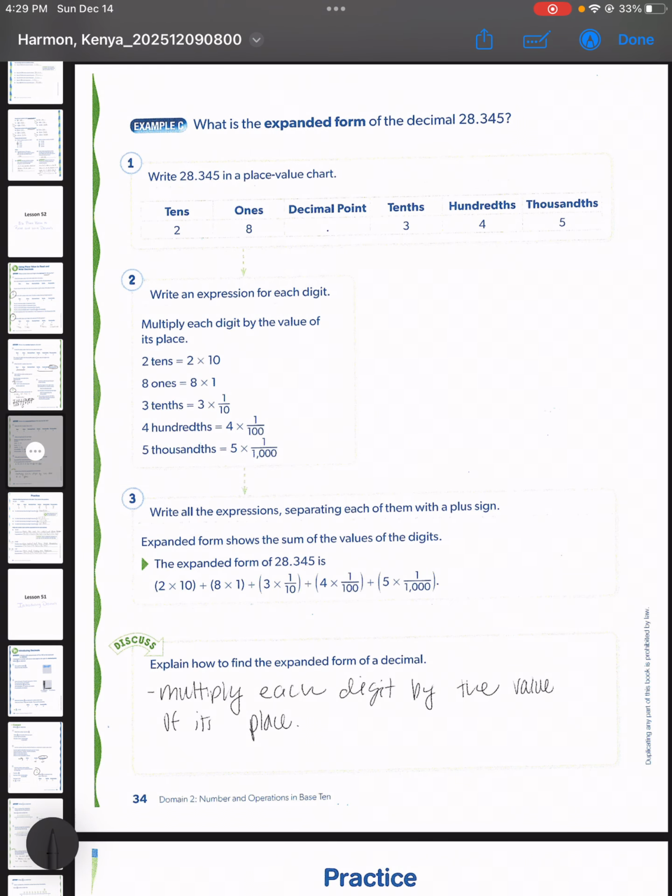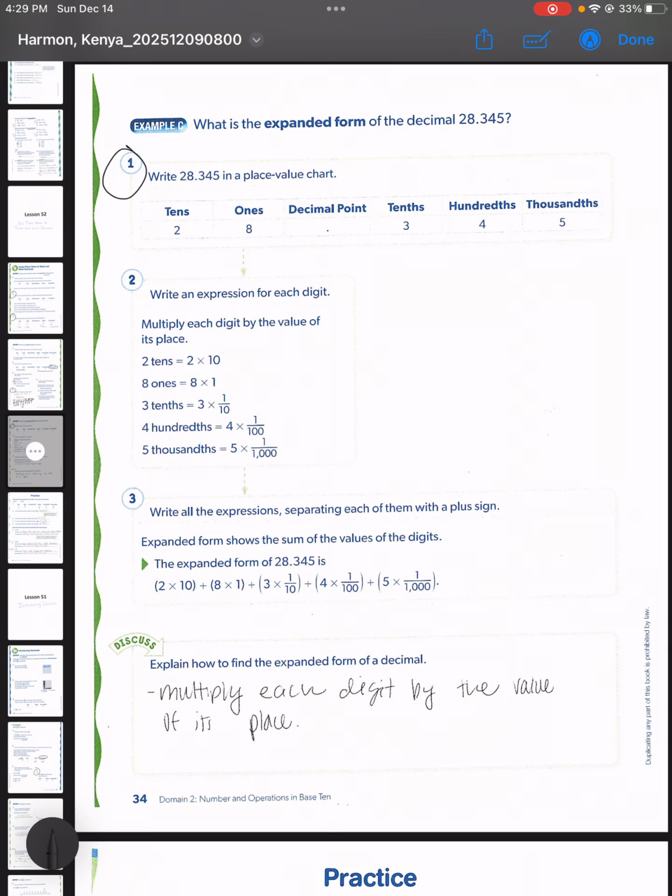In the final example, students are now writing a decimal in expanded form. So we're looking at 28 and 345 thousandths. We're going to, first step, always write the number in the place value chart first. And then we're going to use that place value to write an expression. So we have 2 tens.